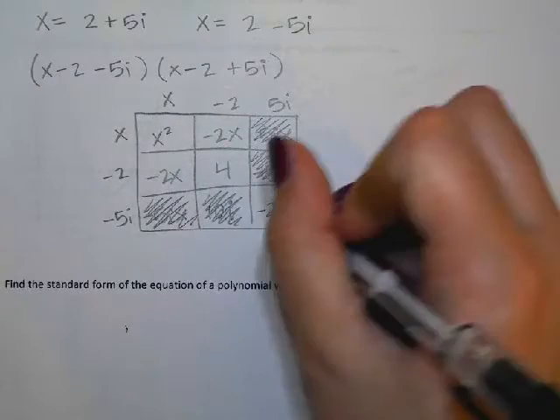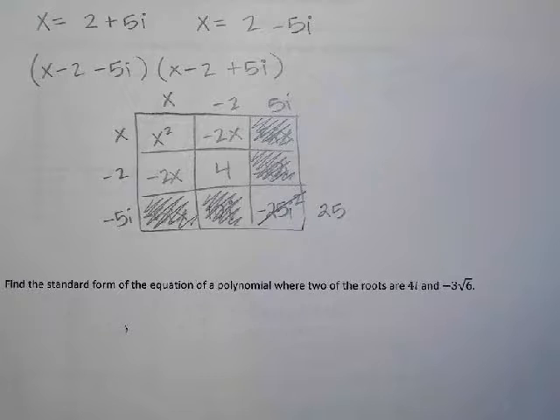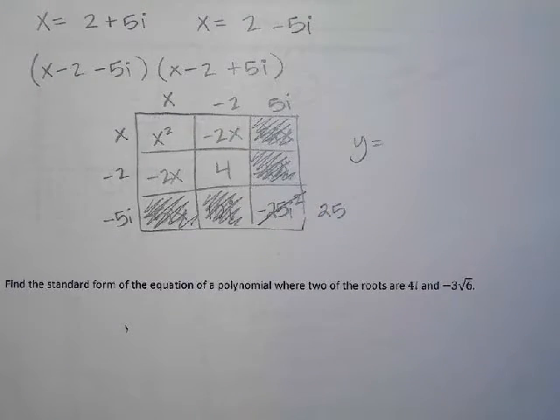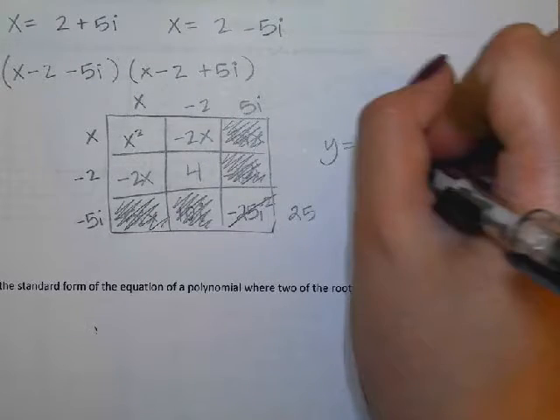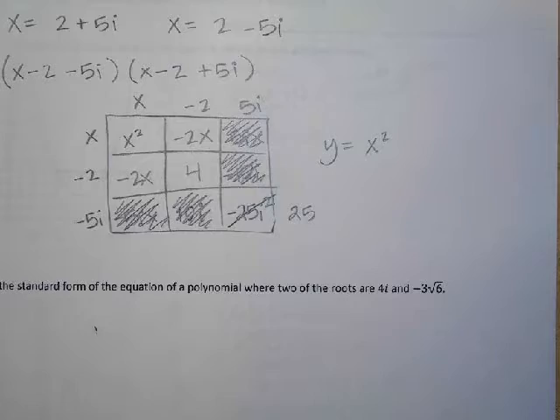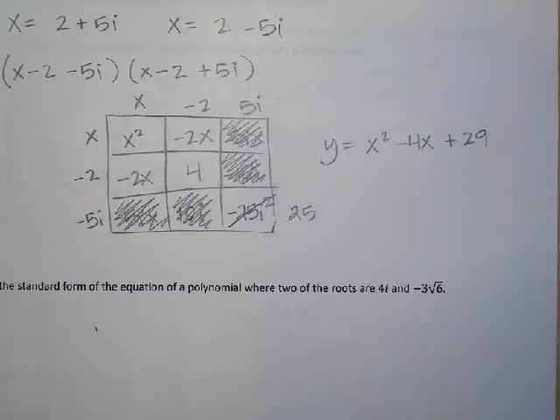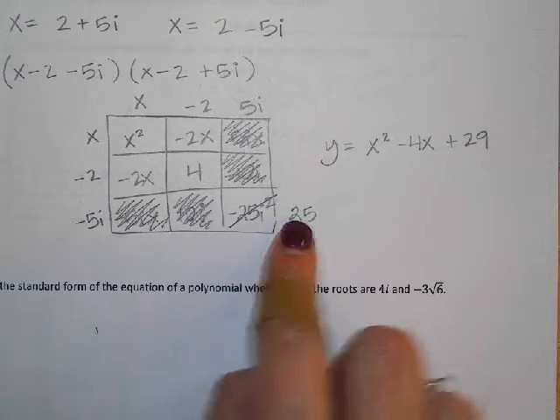So that's just 25. So we have y equals plus 29. So the 4 and the 25 we added together, and that's where we got the 29 from.